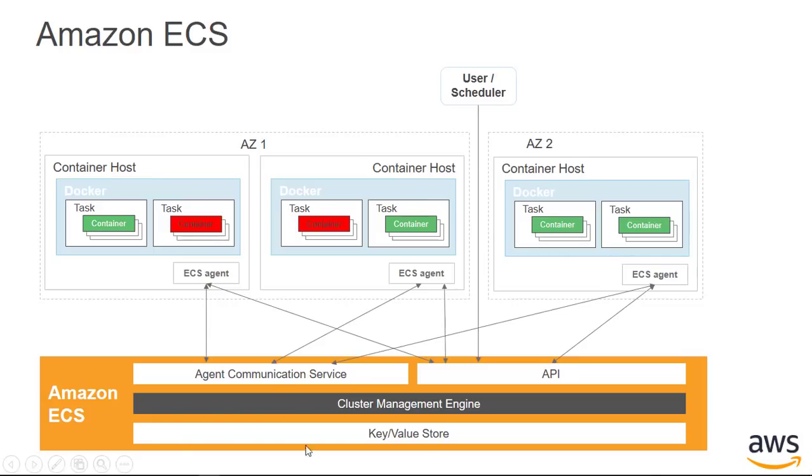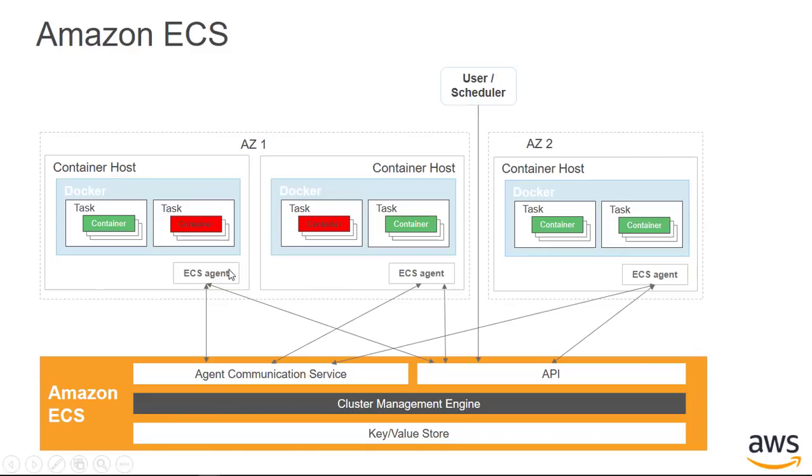And ECS can place your containers across availability zones. So for example, if you have 2 EC2 instances in 2 availability zones, you can define some balance spread deployment and then specify some constraints so that your containers will be placed on 2 different availability zones for high availability and disaster recovery purposes, right?